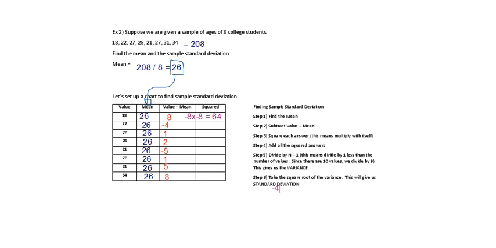Next, we'll do negative 4 times negative 4, which is positive 16. Then 1 times 1 equals 1. Next is 2 times 2 is 4.